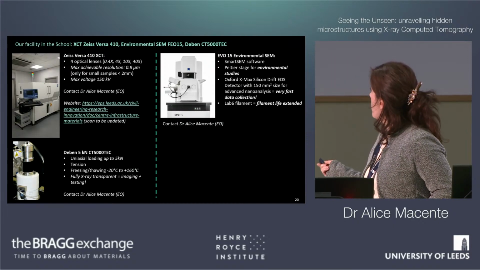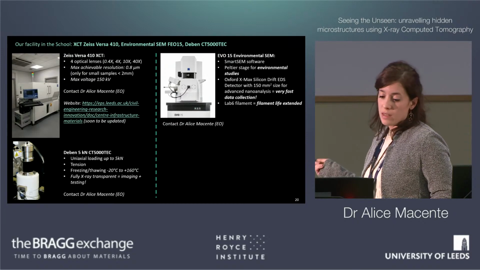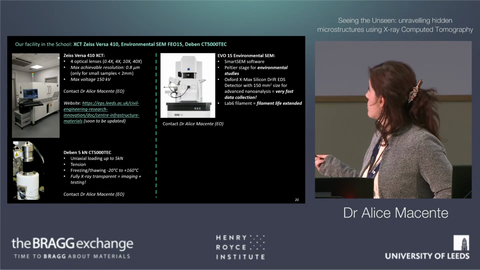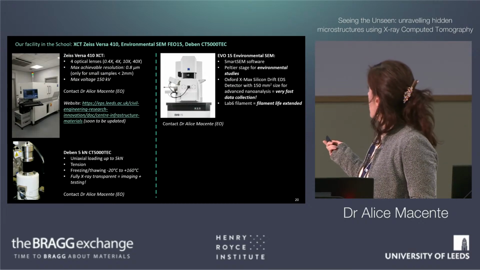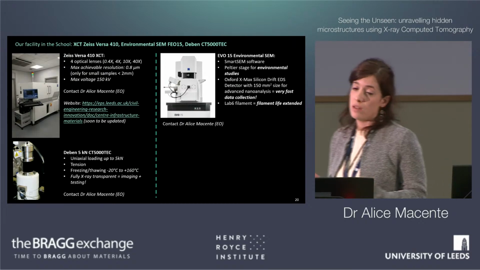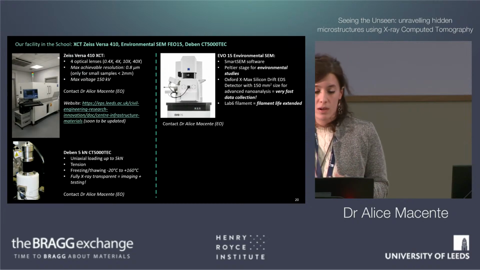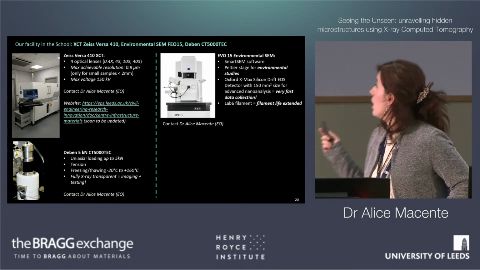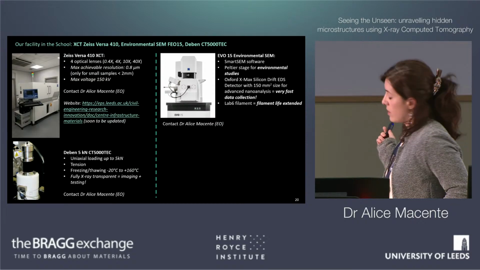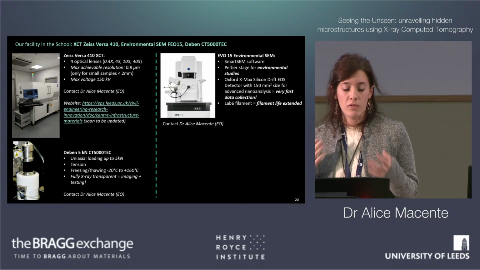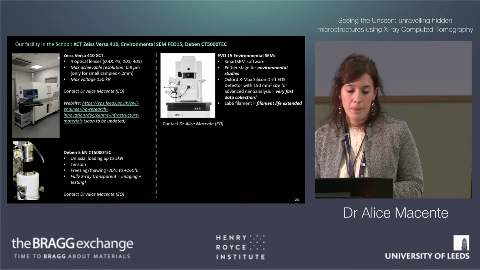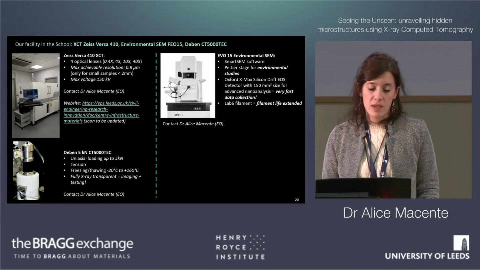And we can couple it with what we call an in situ rig, that has the potential to load your sample and do tension and do also temperature changes, so for freezing and thawing experiments. And last up, we also have an environmental SEM. What that means is that we can do environmental studies for very large samples. So we're really up for business to anybody.